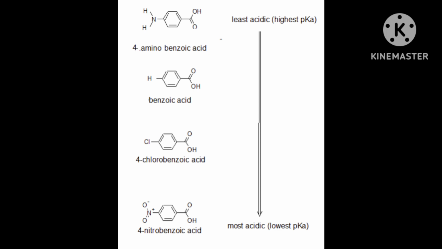Proton transfer in the tetrahedral intermediate converts the hydroxyl group into OH2 plus, means O will be positive charge, which being a better leaving group is eliminated as neutral water molecule. The protonated ester so formed finally loses a proton to give the ester.